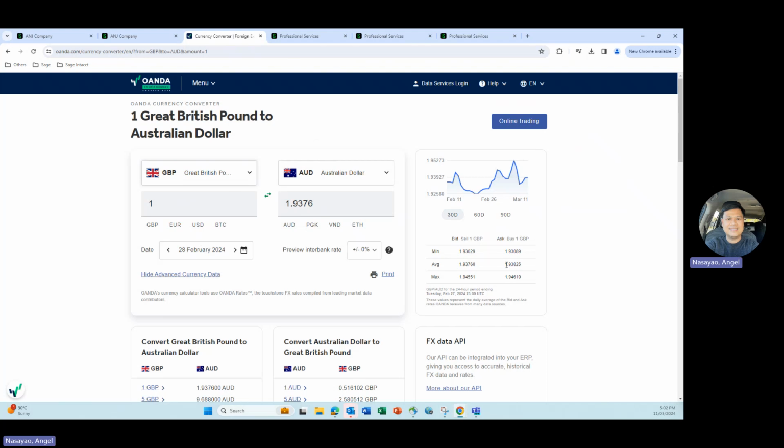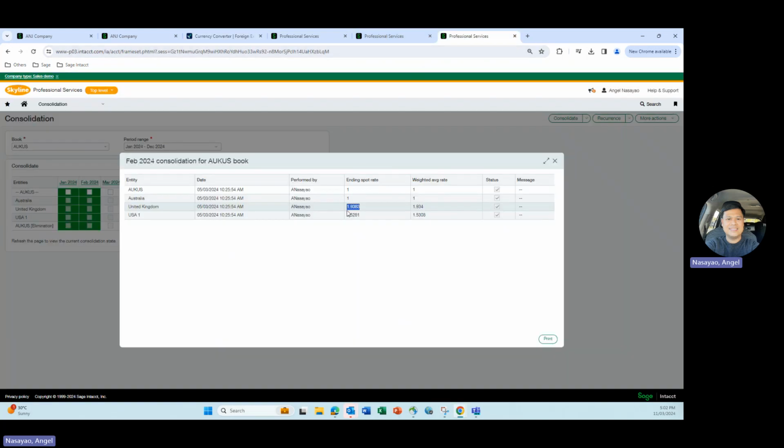All right, so this is the rate that I can see, which is 1.9383. Let's go back to this one here. 1.9383. So that's the exchange rate or ending spot rate from GBP to AUD.